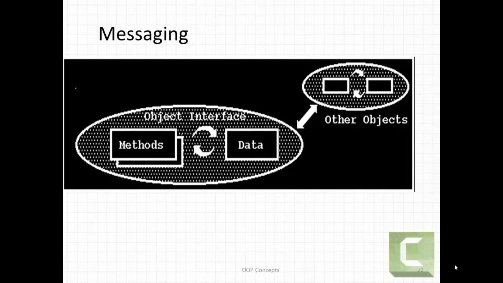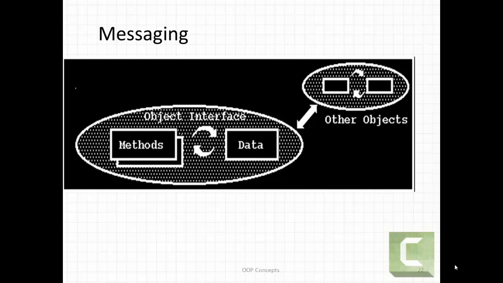Next concept is messaging. Whenever we think of a project or a module, one object cannot fulfill the whole need. That is the place where you need many objects, and it is required to communicate among those objects. So one object will be passing a message to another object.